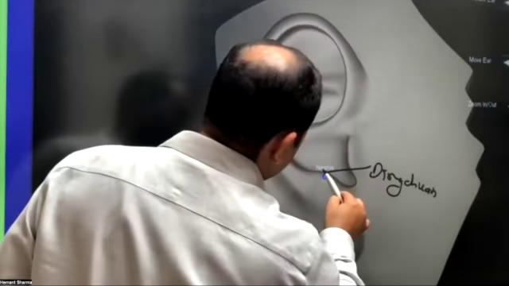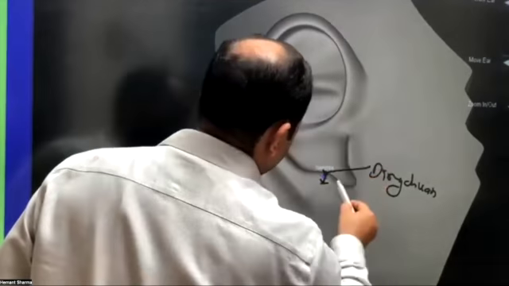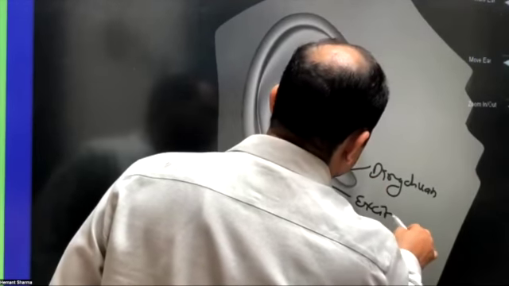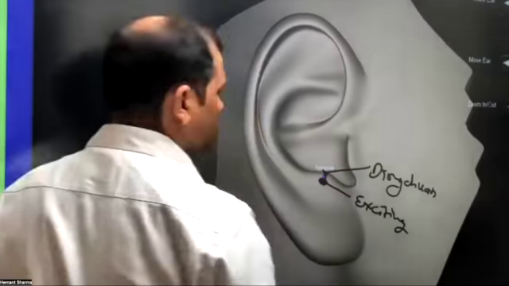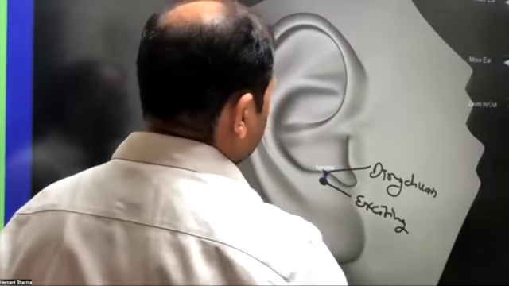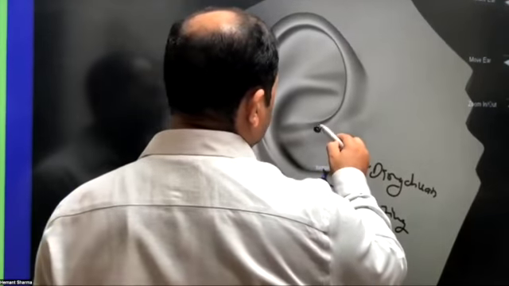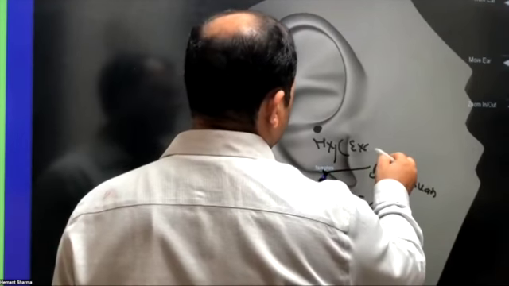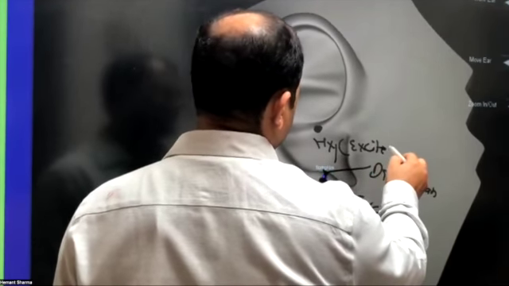If you drop down from there, but on the hidden side, that is the exciting point. And the other point I told you, helix 1, is also the exciting point. This is the point of excitement.